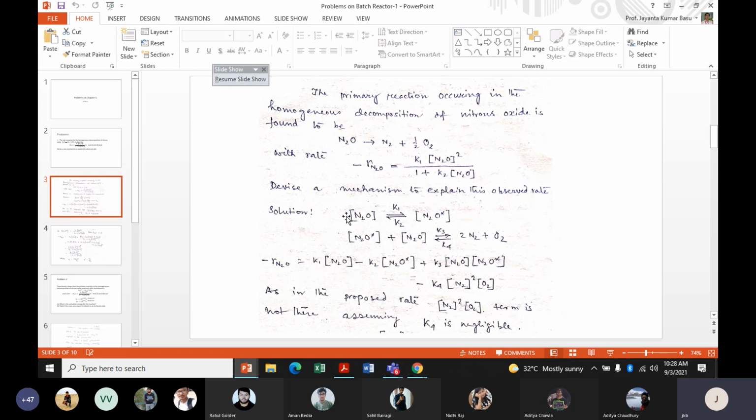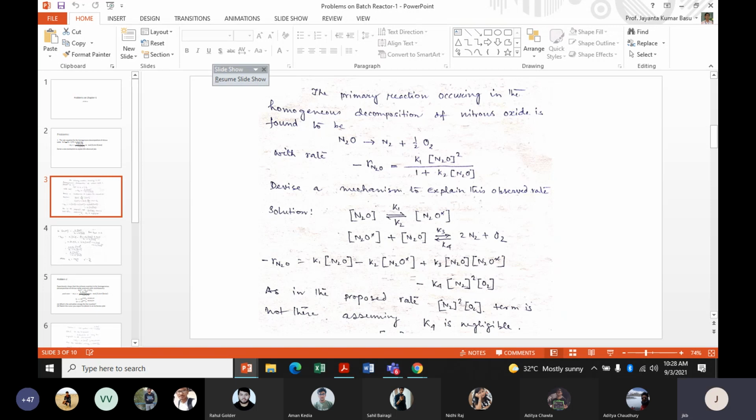Write the reaction rate for N2O disappearance, minus R N2O. The terms are most probably clear because N2O is present in all the steps. That is, first step is forward step, second step is backward step.